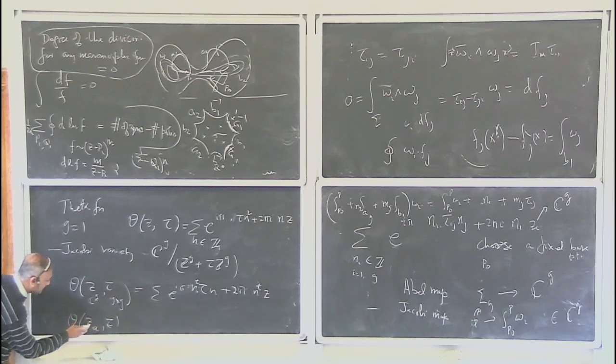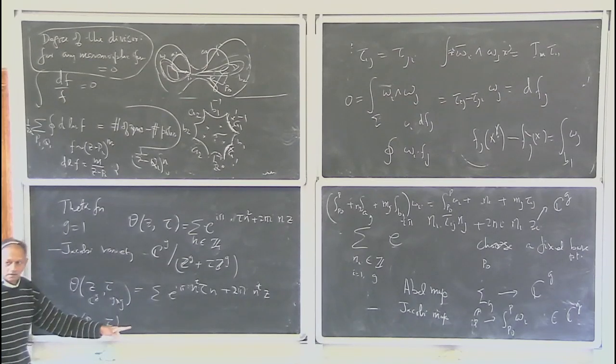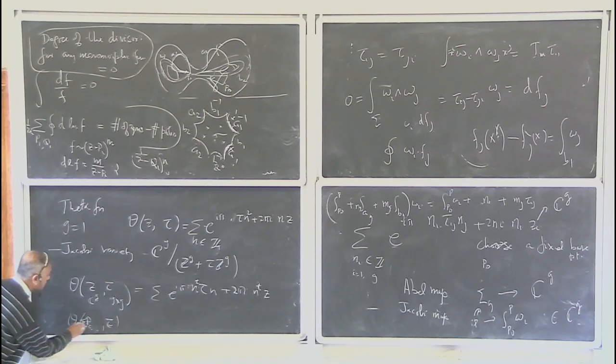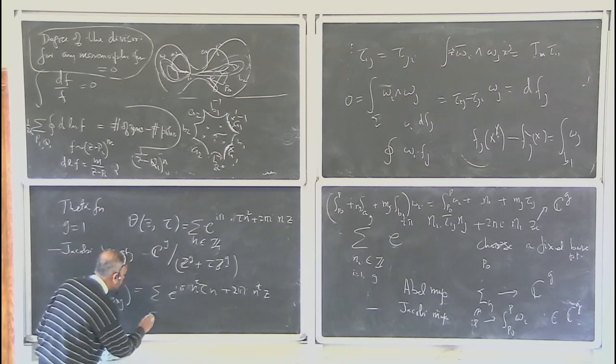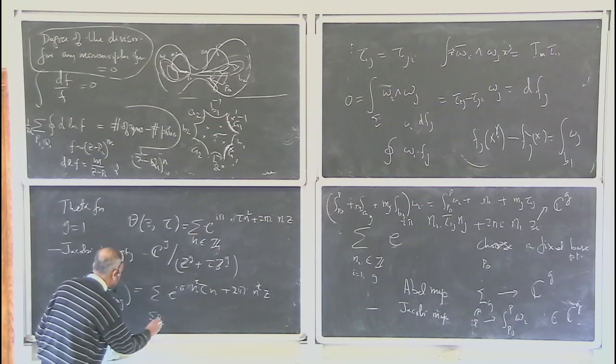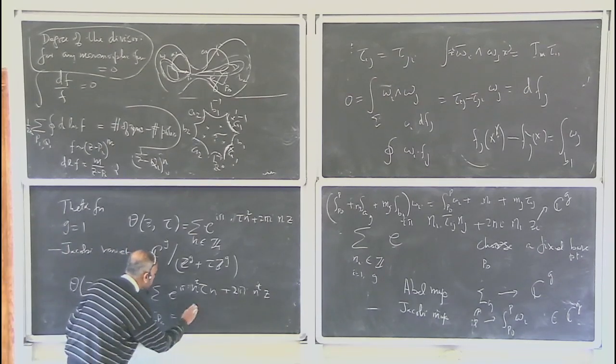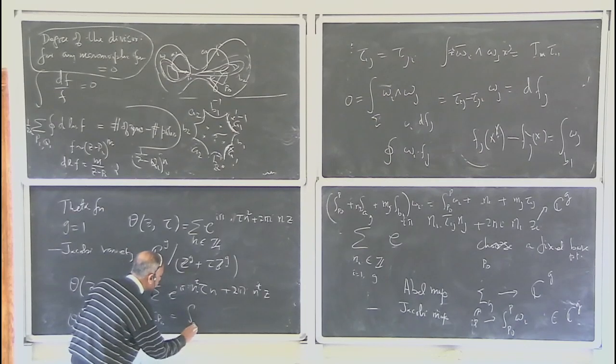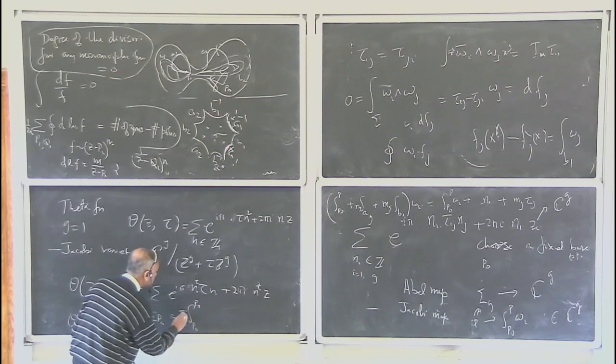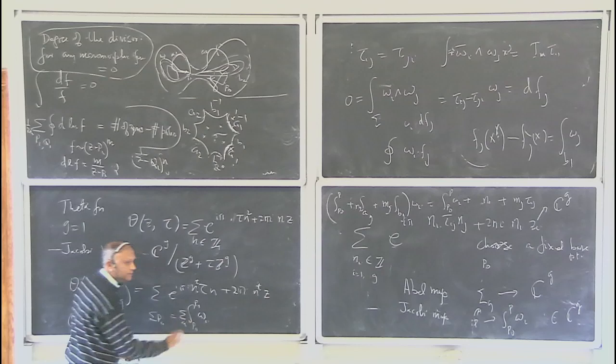Maybe I shouldn't use z; let's call them points P_A. All of these points I can map, with the sum over P_A. This notation is an abbreviation; what I mean by it is nothing else but the Jacobi map: the sum over A of the integral from P naught to P_A of omega I.